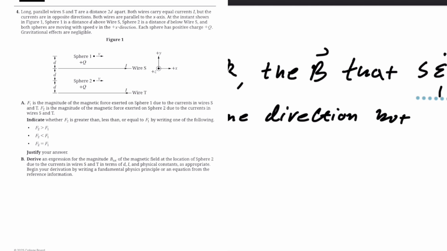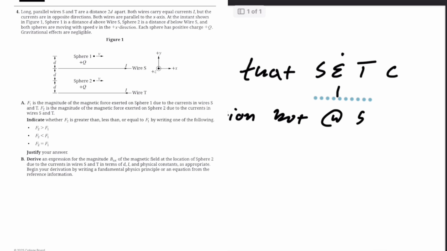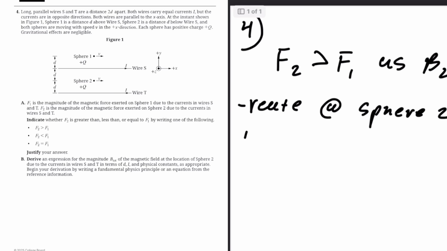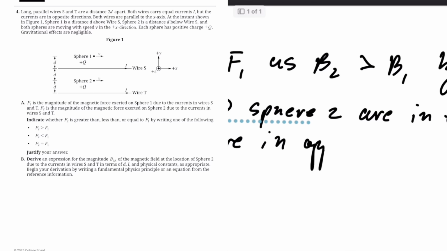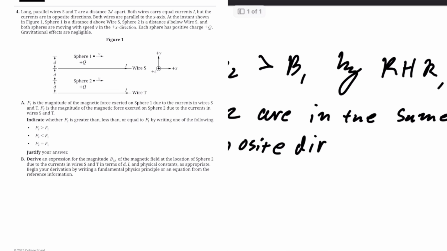But at sphere 1, they are in opposite directions with less overall magnitude.